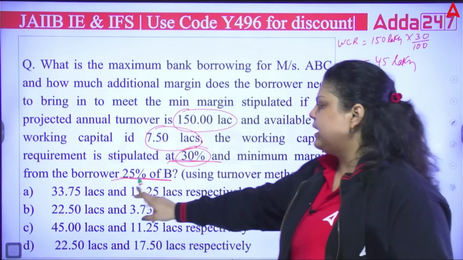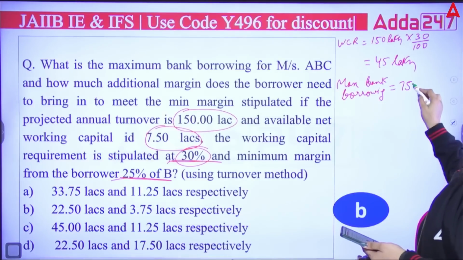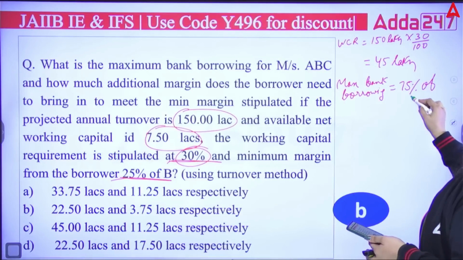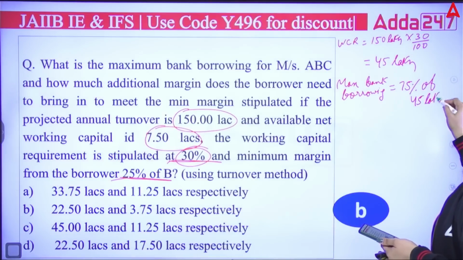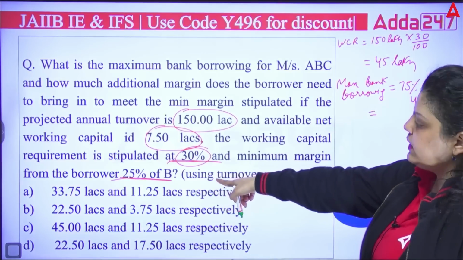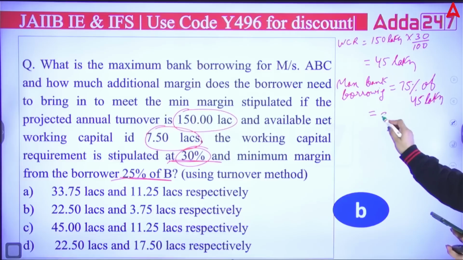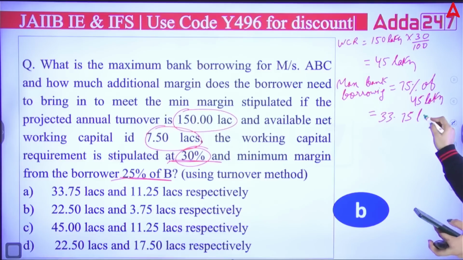The minimum margin from the borrower is given as 25%, so from the bank you have to get 75% of this 45 lakh working capital requirement. The minimum you can take from the borrower is 25%, so the maximum you can take from the bank is 75% of 45 lakh. It will be around 33.75 lakh. Clear?